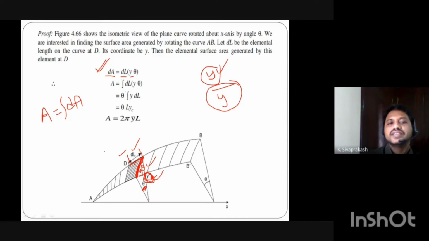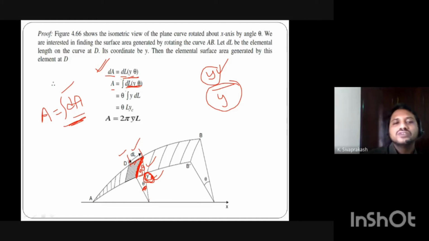So to cover the total surface area, we are doing the integration for one element. Now the area is given by integration of dA. Anyway, dA is dl into y into theta, so in place of dA, substitute dl into y theta.